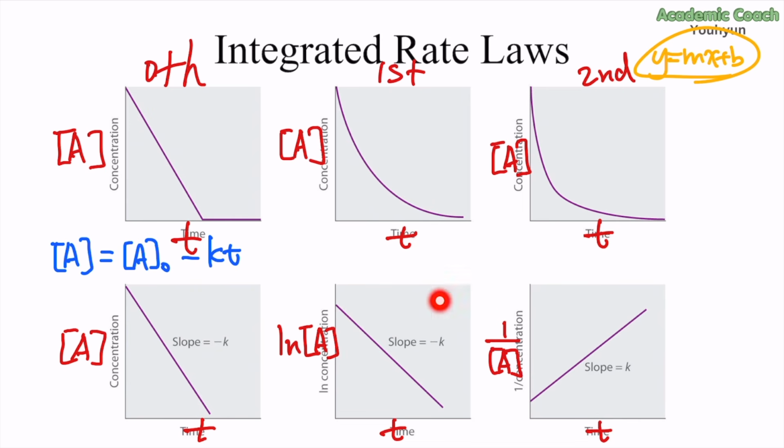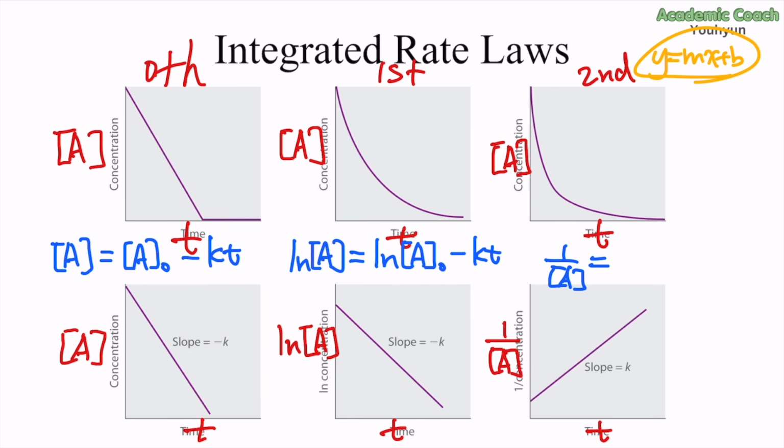And for first order, it writes as ln concentration A is equal to ln concentration A0 minus kt. For the second order reaction, since it has a positive slope, it writes as 1 over concentration A is equal to 1 over concentration A0 plus kt.